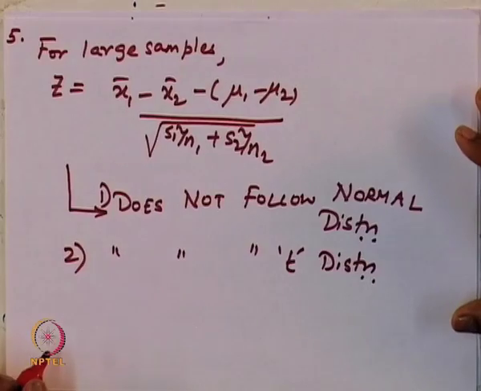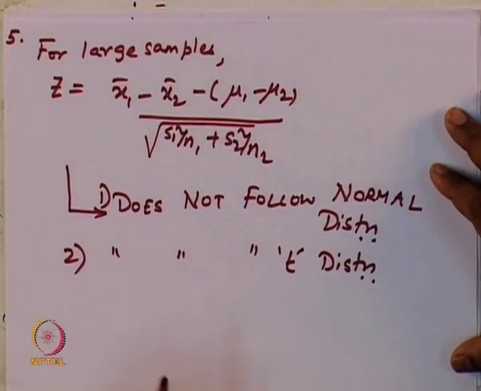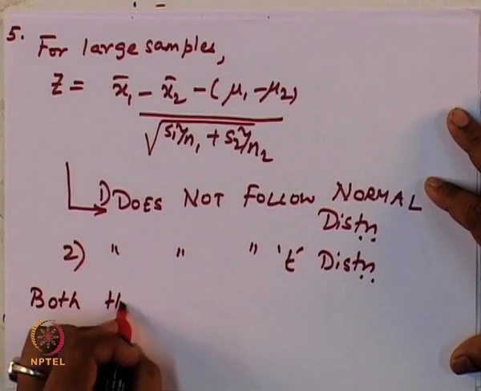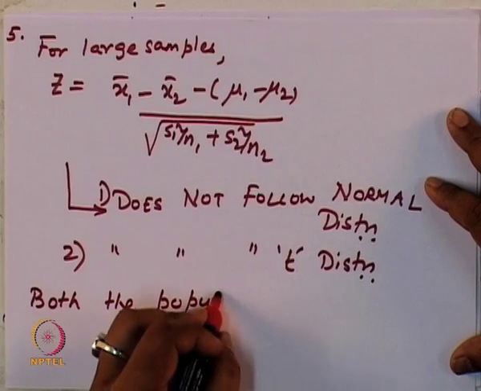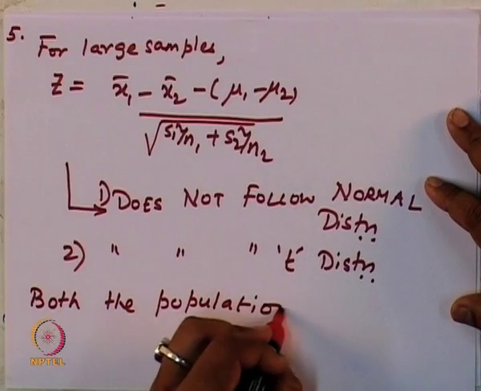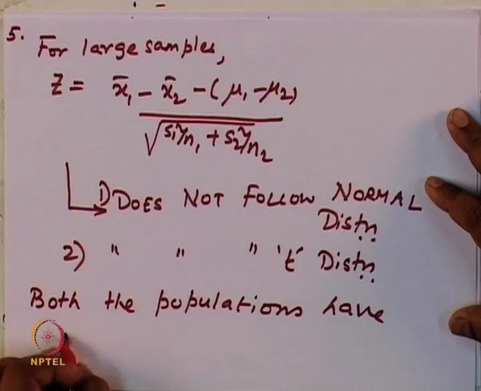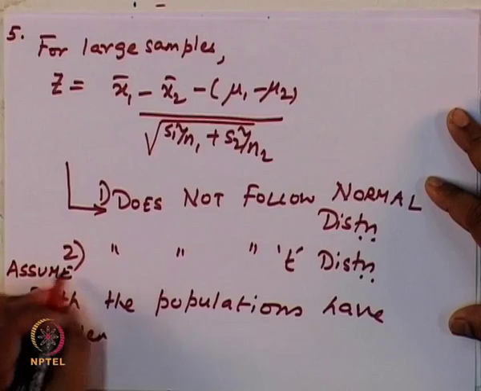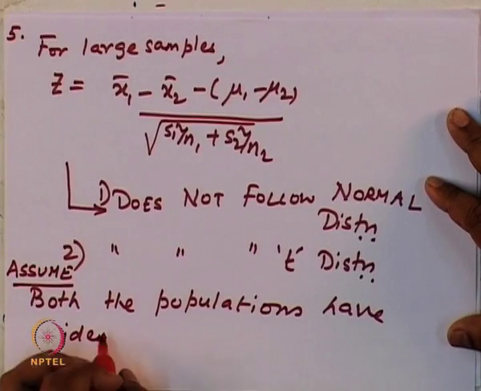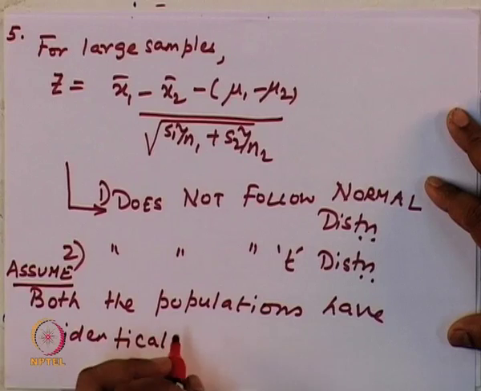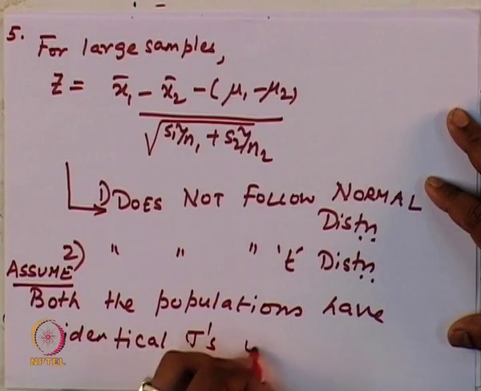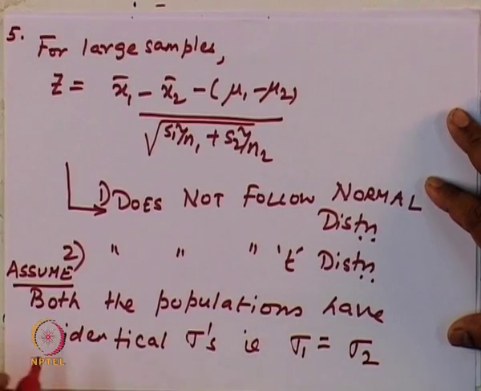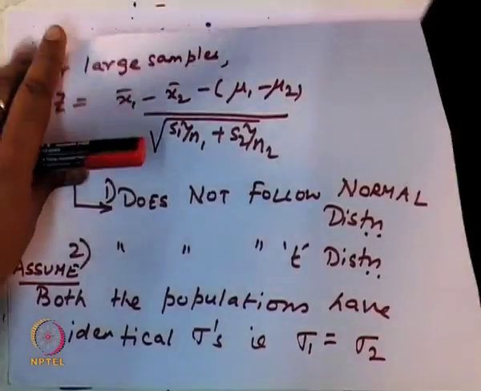So, the only way to make use of the t distribution is to make one particular assumption that both the populations have identical sigmas. So, this is the assumption. If you assume that sigma 1 equal to sigma 2, then you can calculate the t statistic.